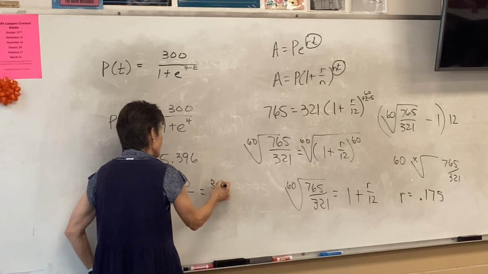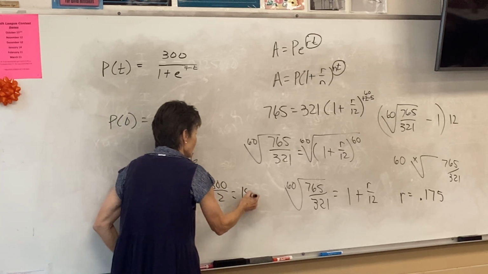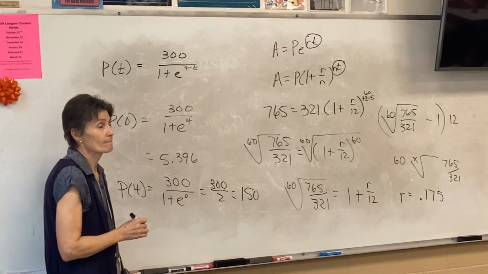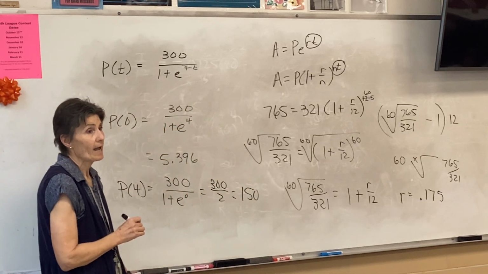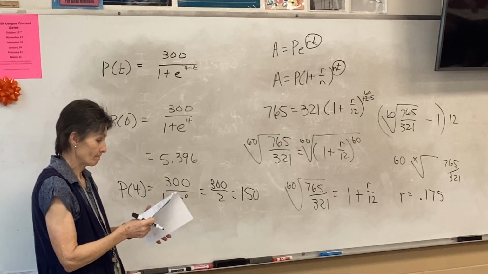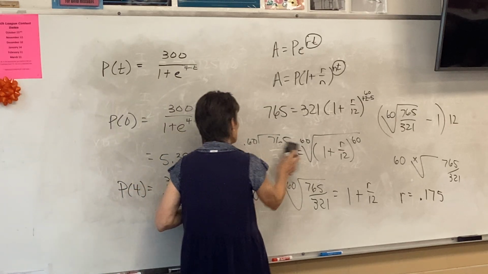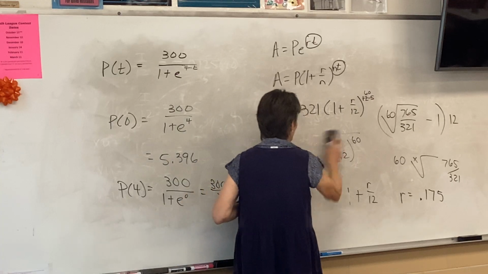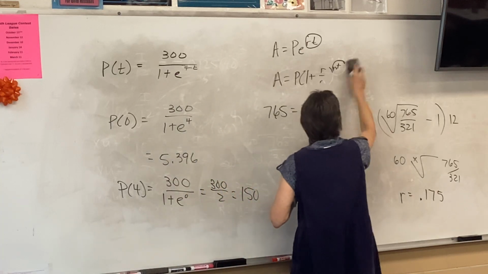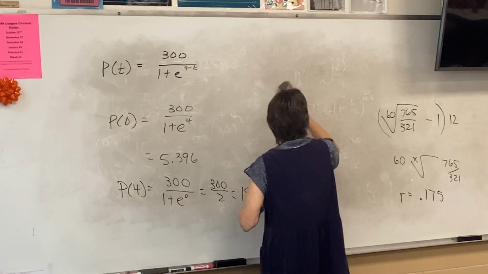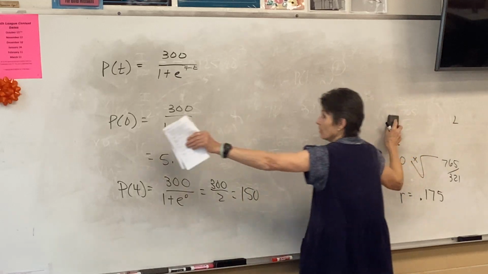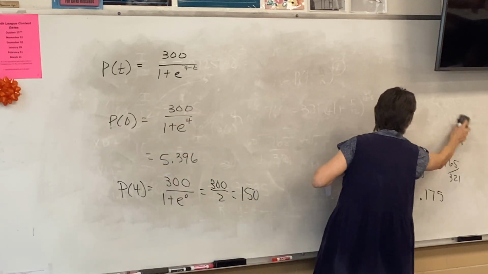So this is 300 over 2. So 150 kids after 4 days. When will 200 kids be infected? Plug in 200 where? P. Exactly, over here. Right, P of T.